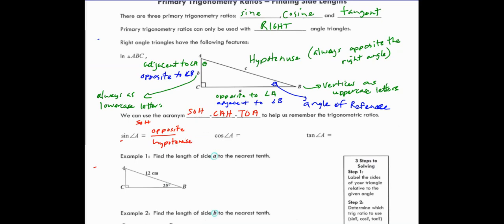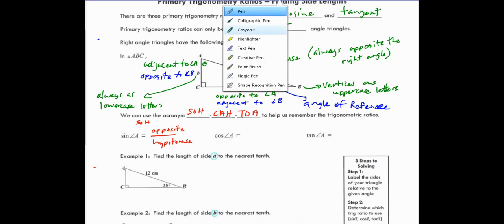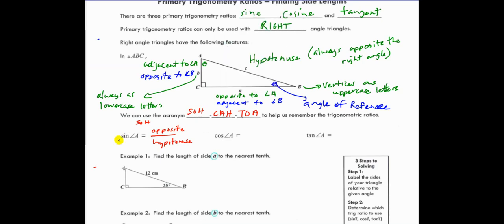So, we have the S, the O, and the H for SOH.